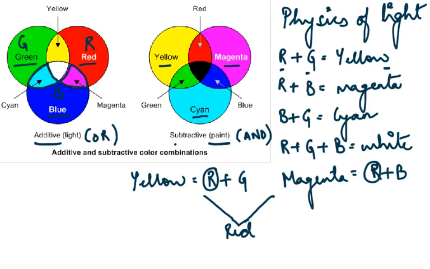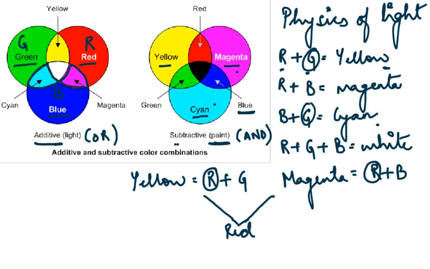Here also you can see, in yellow and cyan, only green is common. Therefore, when you add yellow and cyan paint, you get green paint. Similarly, on adding cyan and magenta, you get blue paint. So what we learned from here is, lights are additive and paints or colors are subtractive.